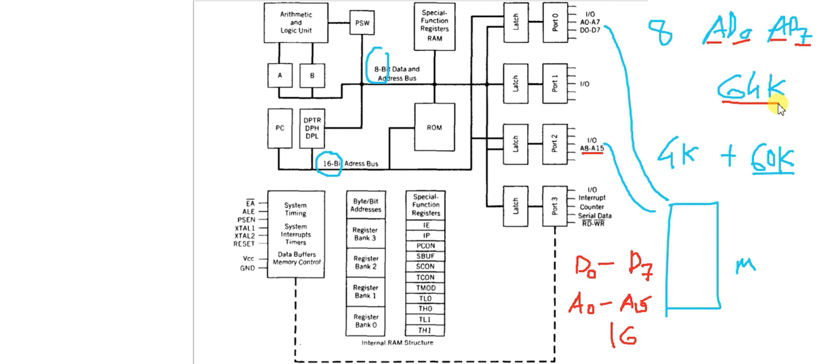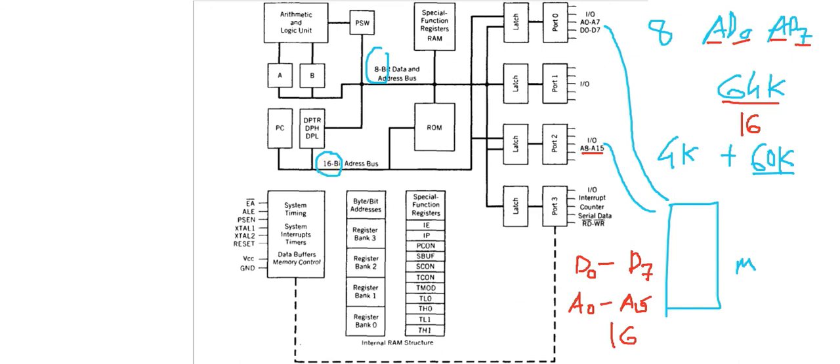So to access 64K of memory, we need 16 address lines. That's why we have a 16 bit address bus here.